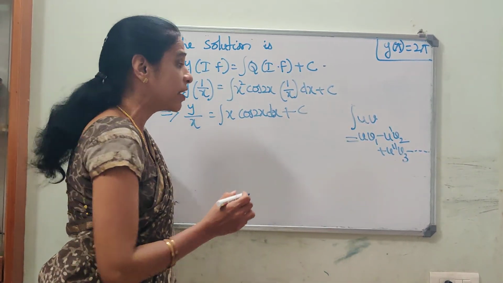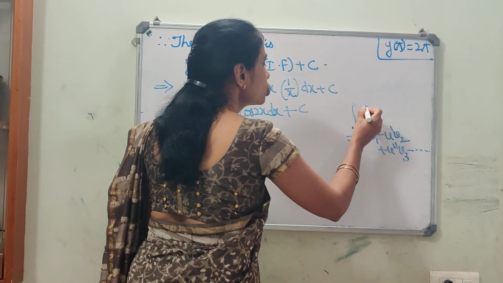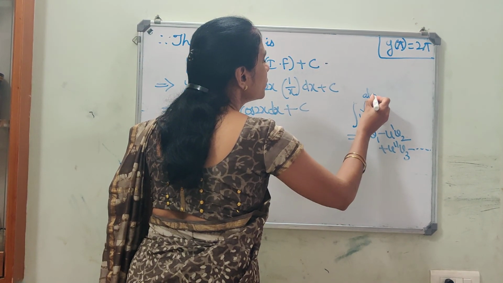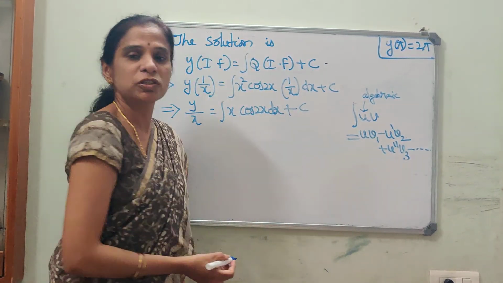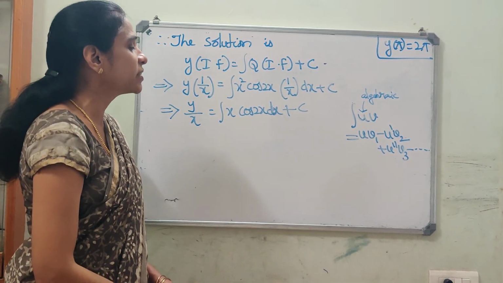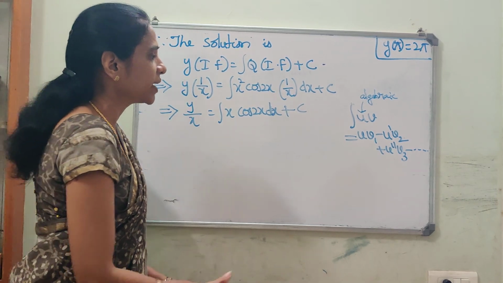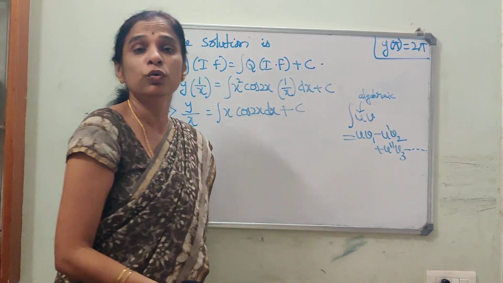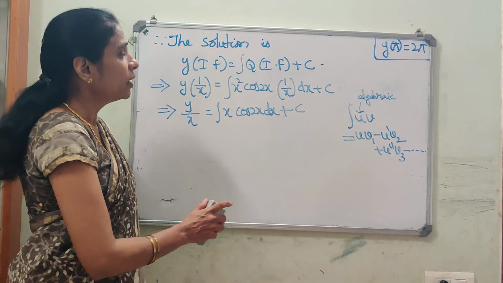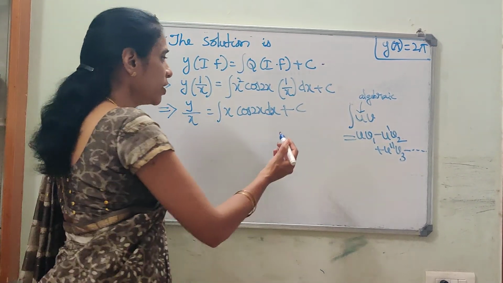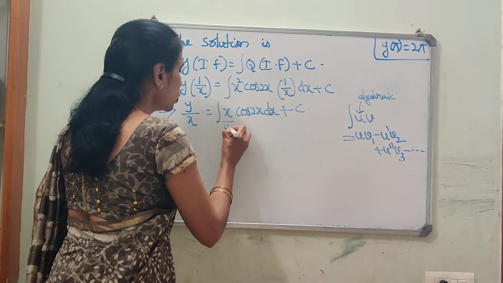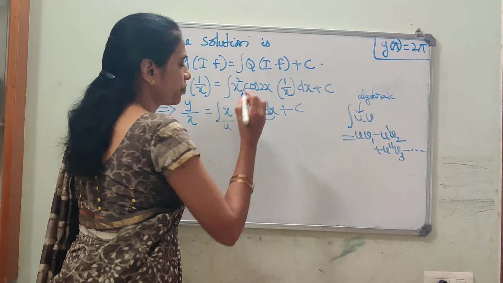And while choosing your u and v, you should choose the algebraic term as u. Then it becomes easy for us to integrate because the algebraic term will terminate as we keep differentiating u. So whenever there is an algebraic term, let us choose that as our u. So this becomes my u and this becomes v.